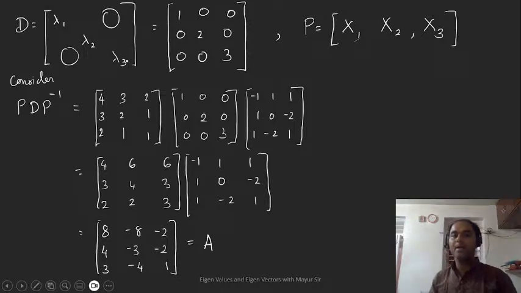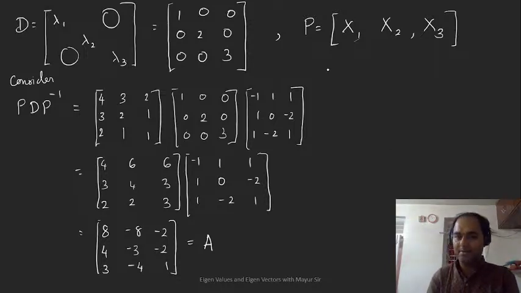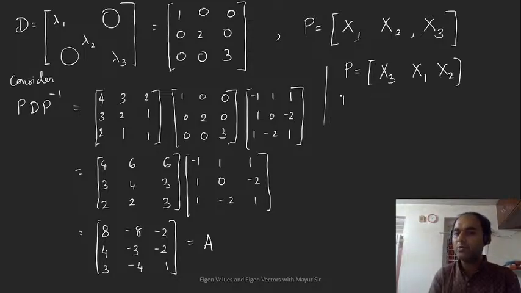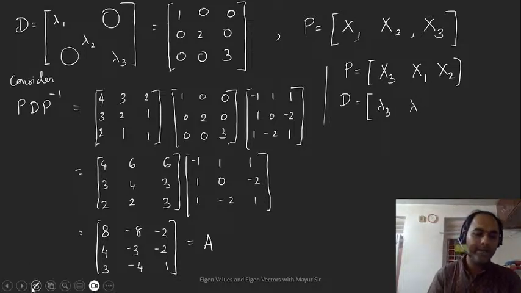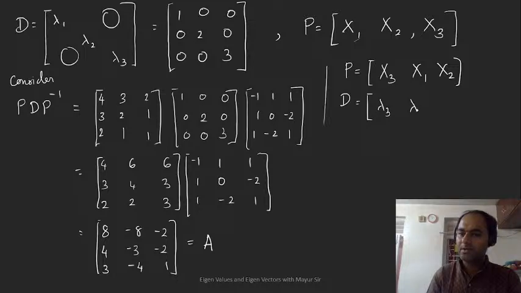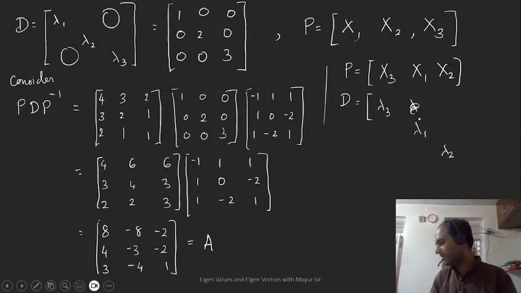इतना ध्यान रखना है. Now see, if you change the order of P, suppose some student writes x3, x1, x2, then in the diagonal matrix he or she has to write lambda 3, lambda 1, lambda 2, like this will be the order.